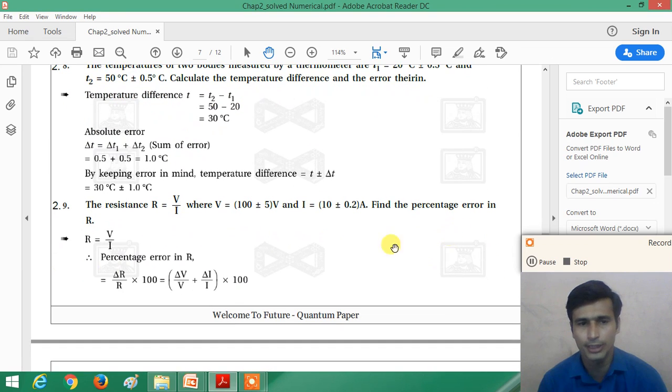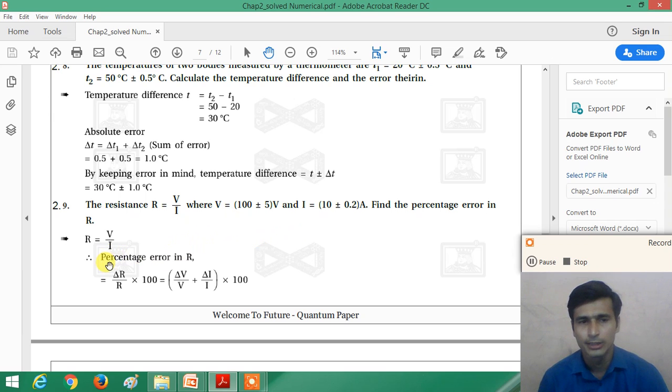So dear student, we know that the resistance R is equal to V divided by I. So in division, the percentage error in the final result is the sum of the percentage errors in the individual measurements.